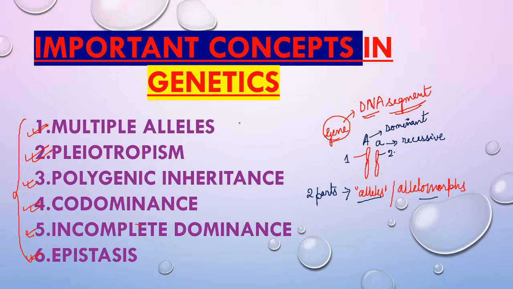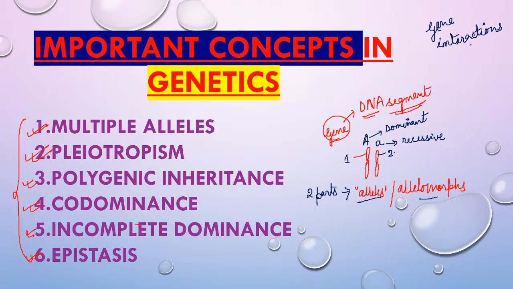Okay, now guys, before going to the most important concepts, let me tell you these concepts are due to gene interaction. When one gene interacts with another gene, or one allele interacts with another allele, gene interaction forms. All these phenomena, that is multiple allelism, pleiotropism, polygenic inheritance, codominance, incomplete dominance, and epistasis, fall under gene interactions.